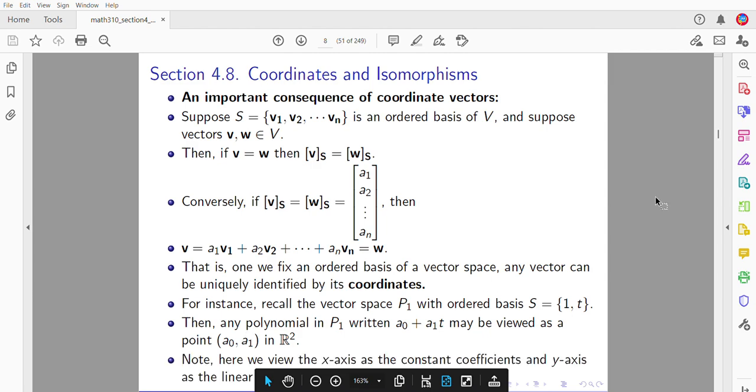That is, we think of the x-axis as the constant coefficient and the y-axis as the coefficient of t. All right, so a point in R2 will give you a polynomial of degree 1 or less, and a polynomial of degree 1 or less will give you a point in R2.